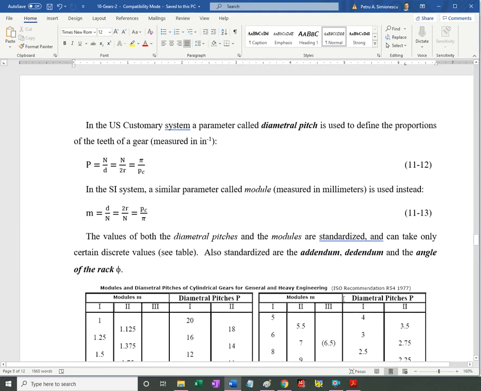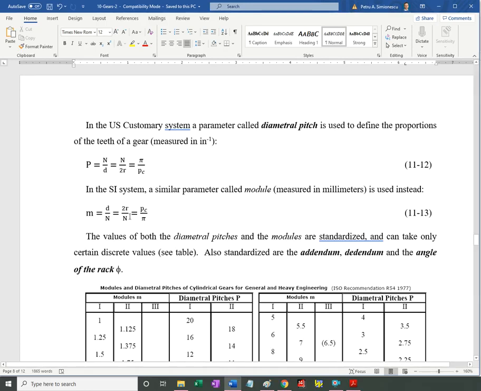Circular pitch is not a good measure because it's an irrational number. I take 2 times pi times the radius and divide it by an integer, so it gets me an irrational number. So for that reason, what's standardized is the ratio between the number of teeth and the diameter of the pitch circle, or the diameter of the pitch circle and number of teeth for the metric system.